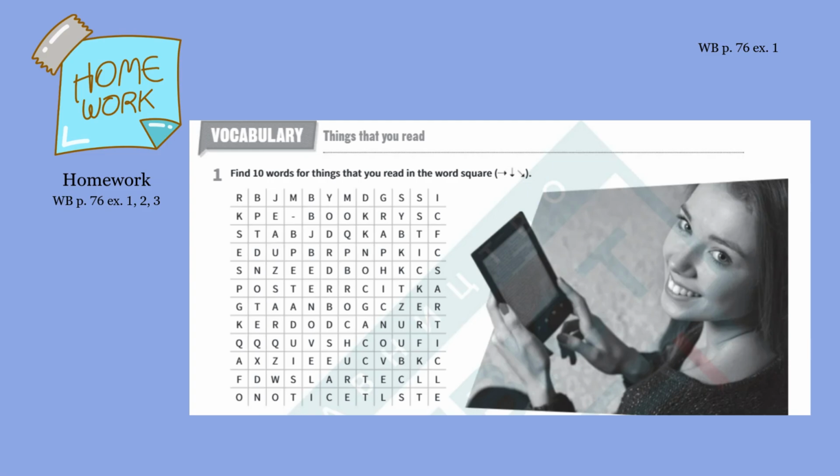You have done a lot of tasks at the lesson. And now it's time to write down your homework for next time. Let's discuss it. It's workbook, page 76. Let's pay attention to the first exercise. You need to find 10 words for things that you read in the word square. Pause the video and find the words written in different directions.